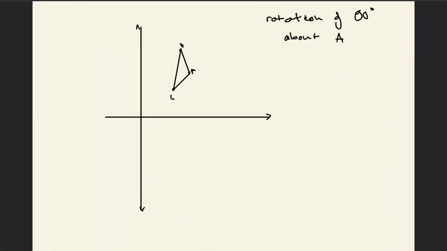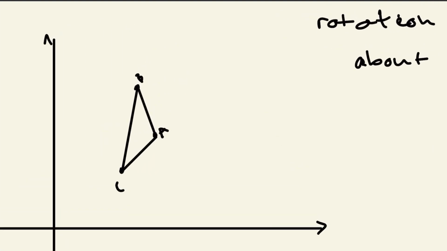So let's quickly do a second example utilizing that circle method, and here we have a rotation of 90 degrees about the point A. So in this case, our center point is a point that we actually have on here. So we only have to move 2 points actually, which is pretty useful.